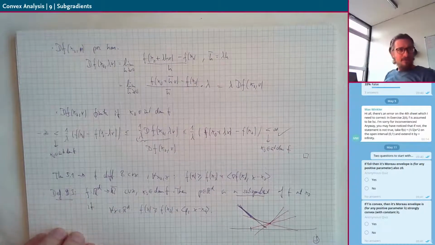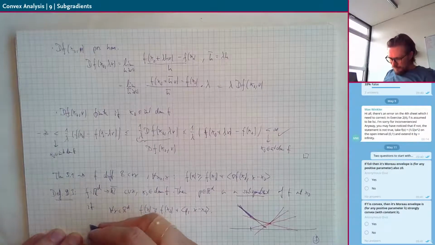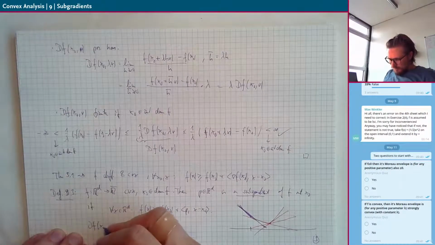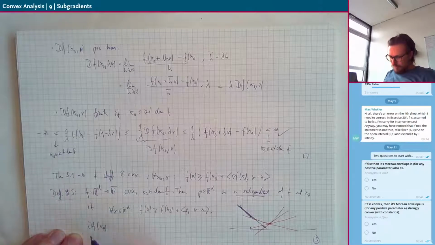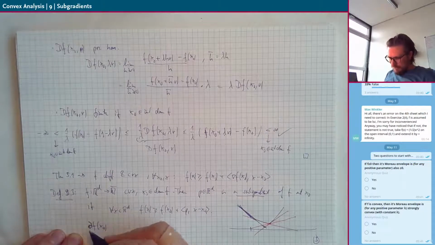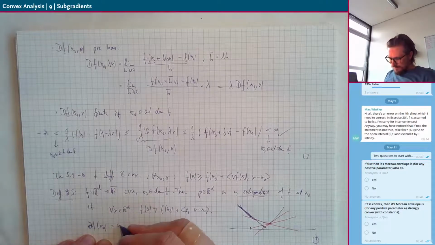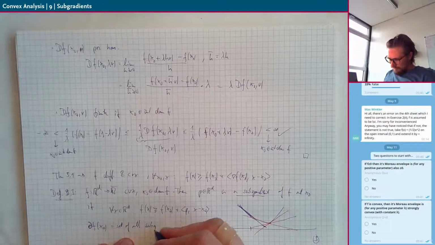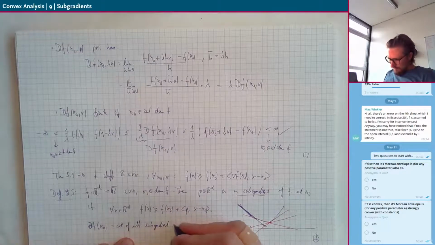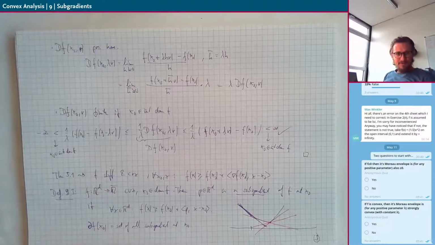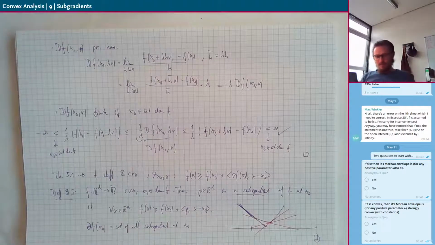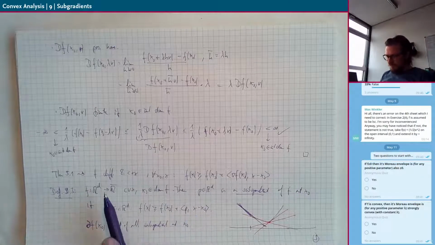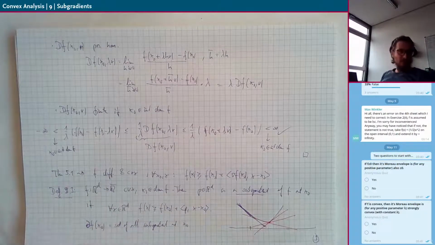The definition is not over. There's more notation with this object. The partial d of f at x0 is equal to the set of all subgradients at x0. So it's always a set. It may contain just one vector or number if d is equal to 1, but it also may contain more of them.